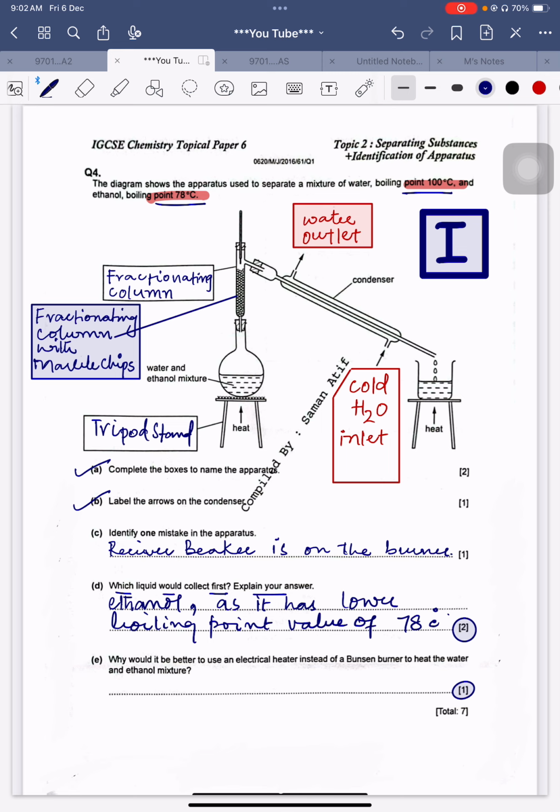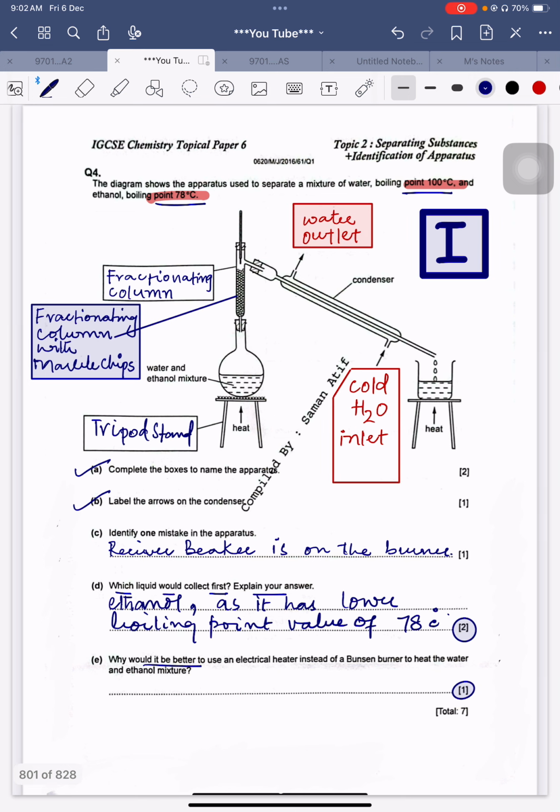Number two, an electric heater is safe for those fractions which are flammable. Number three, an electric heater gives you controlled heat. It has a thermostat, and as a result we can control the heat and maintain a specific temperature.